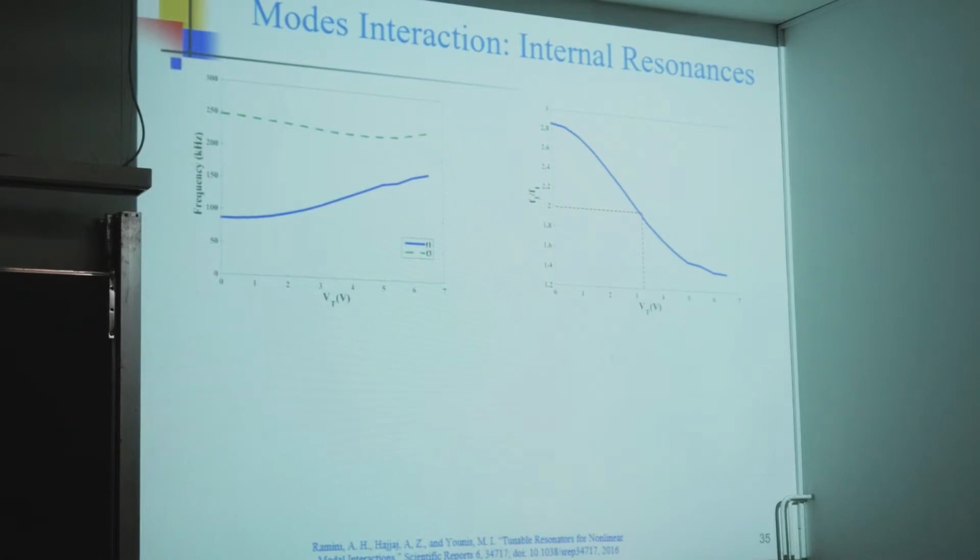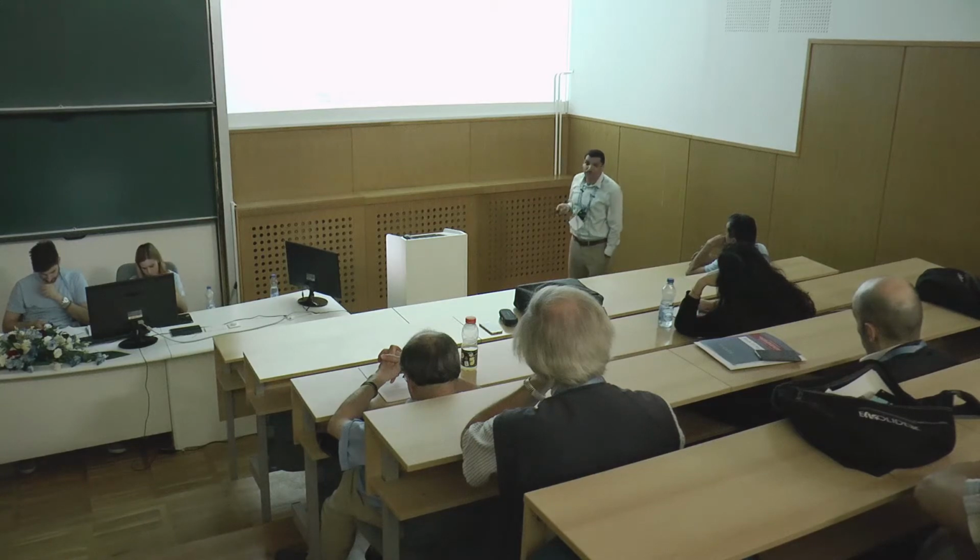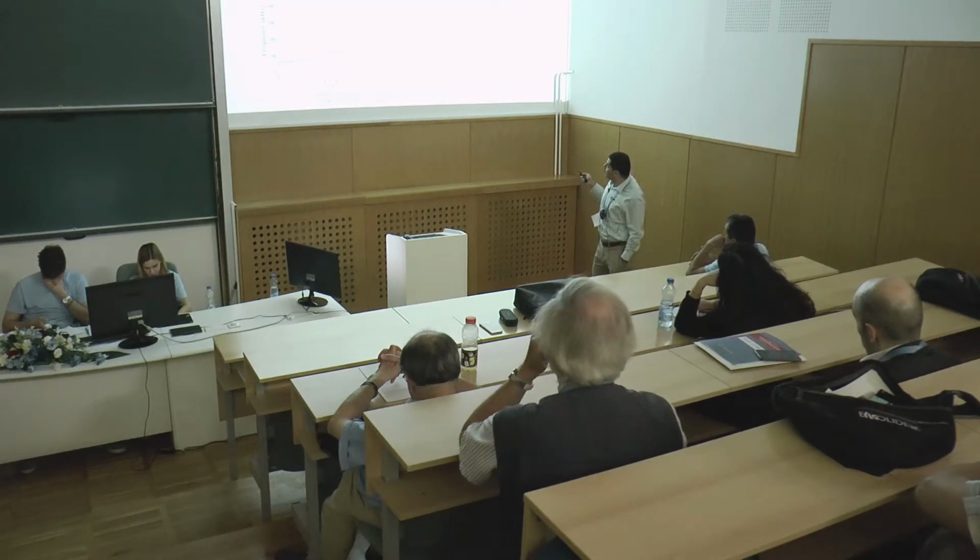So now you are looking at this structure, at the first and third natural frequency, I mean the first two symmetric frequencies of that structure, and you see how they go up and down. When you look at the ratio, they lock in sometimes at a ratio of 2. Very easy. And for another structure, the ratio can be 3.